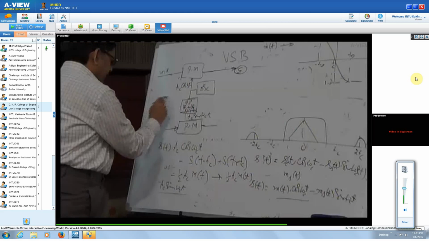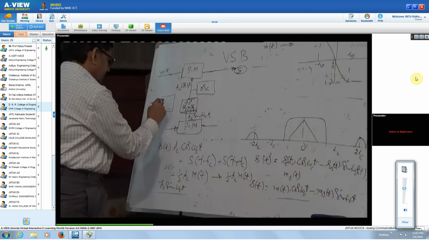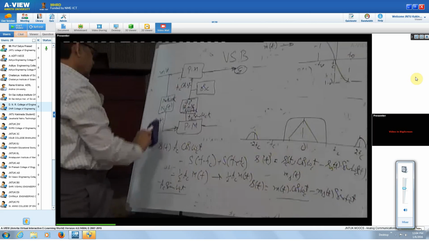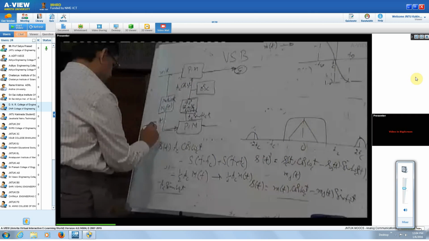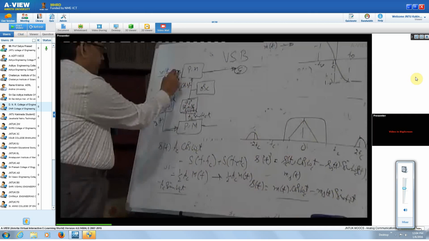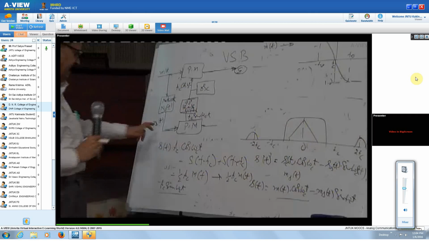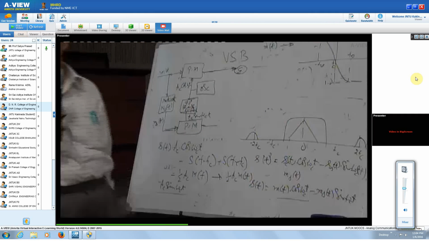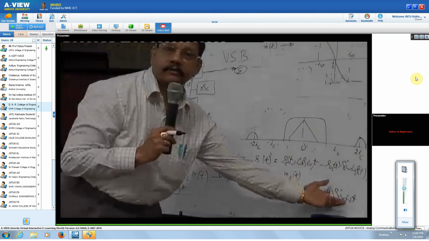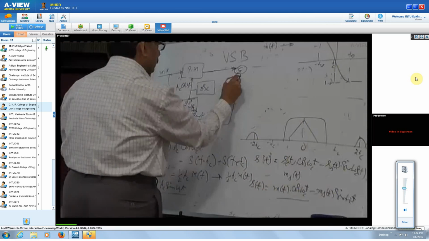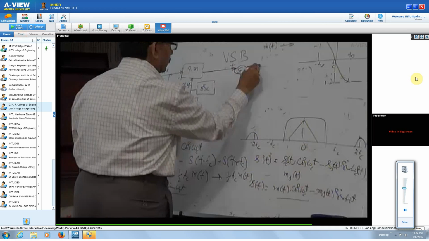So you have a filter here as a network. We are giving input m of t and we are getting output ms of t with these characteristics. We are going to the product modulator. That means the second pair we are getting. So we have to subtract one from the other. Therefore this is minus and this is plus.